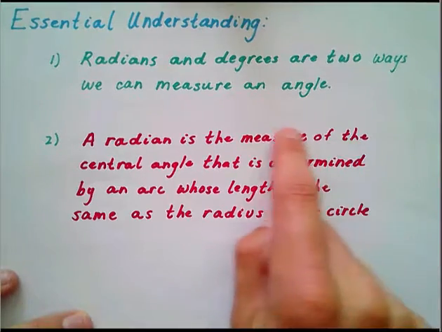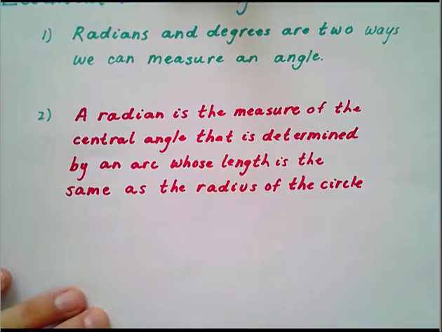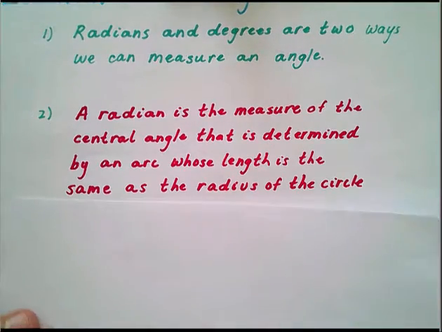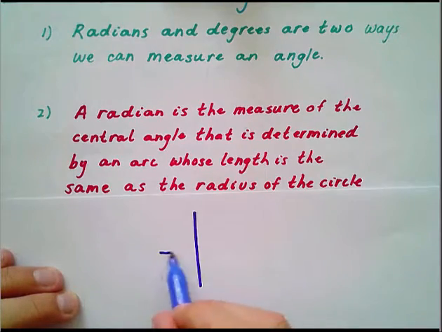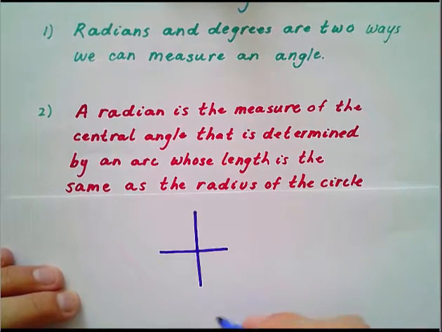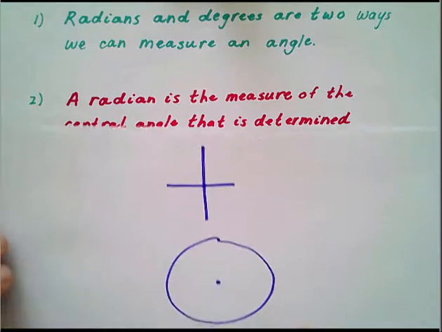Now, this I put in red because we're going to do this in class. It's not a super challenging concept, but in general, what they're saying here is that we can draw any circle. Just draw a circle, and here's the radius of our circle.